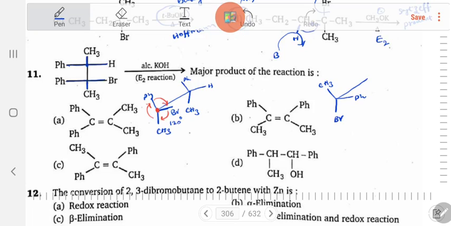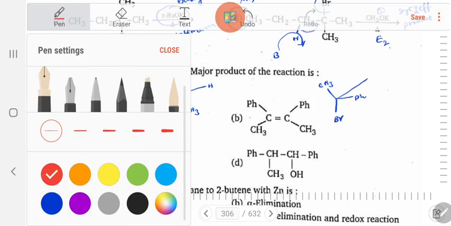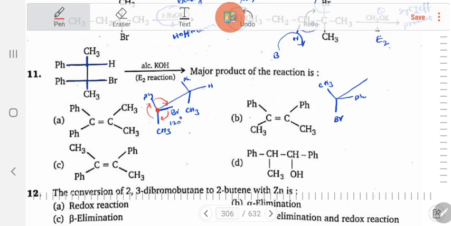Now coming to the next one, let me rotate that by a little bit again, making that hydrogen be above the plane. Then CH3 moves a little bit and phenyl moves a little bit.